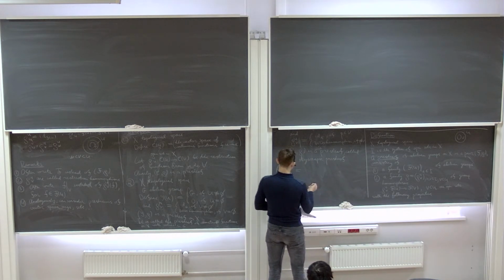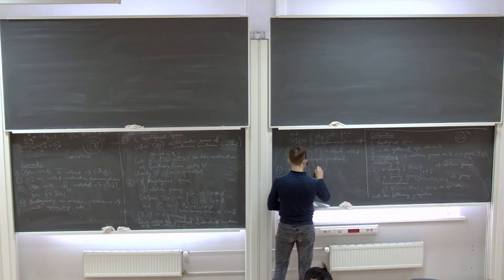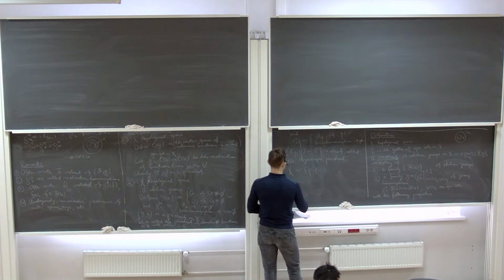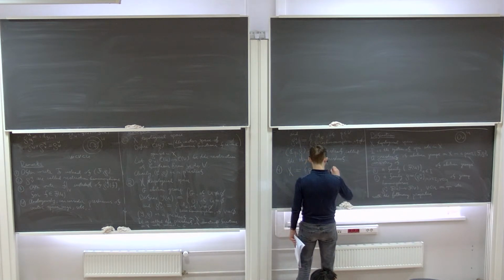Suppose X is a topological space consisting of two points with discrete topology.